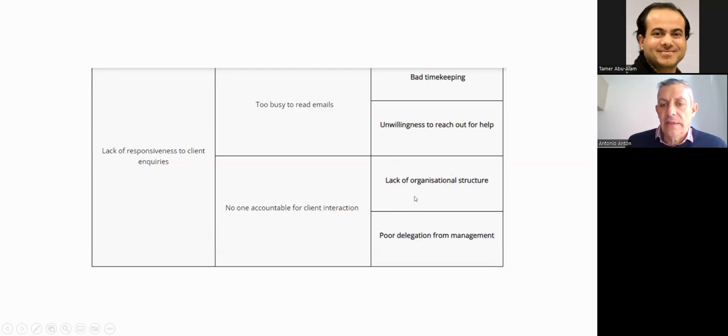Perhaps creating some staff position to interact better with the client as well, or something in the middle, perhaps a middle line manager department or something like that, to avoid the lack of organizational structure.